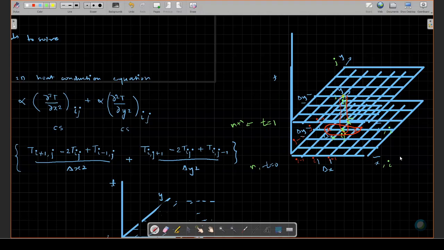So we are taking this stencil, as shown by the red and this green color. So the stencil is like this whenever you are taking forward in time and central in space. Forward in time means n plus 1 minus n, and all the other values are also supposed to be at the nth level.